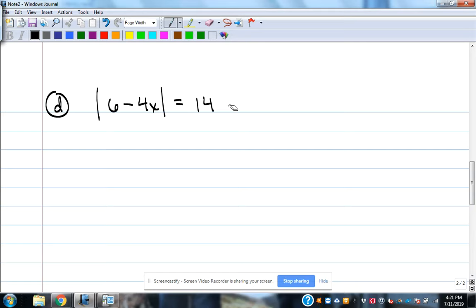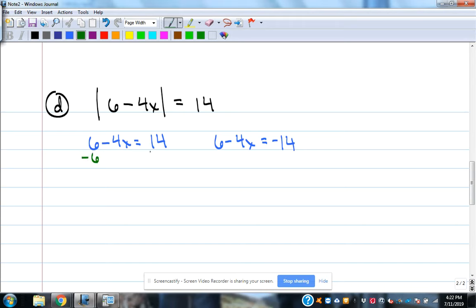So we can set up our two equations. 6 minus 4x equals 14. Just take the absolute value marks off, and then do 6 minus 4x equals negative 14. Then just get x by itself on each problem. Should be the exact same steps on both problems, just going to get different numbers for answers.